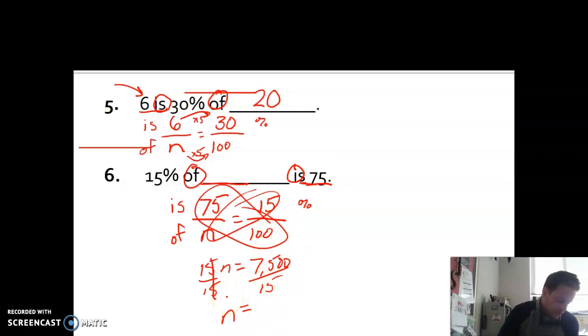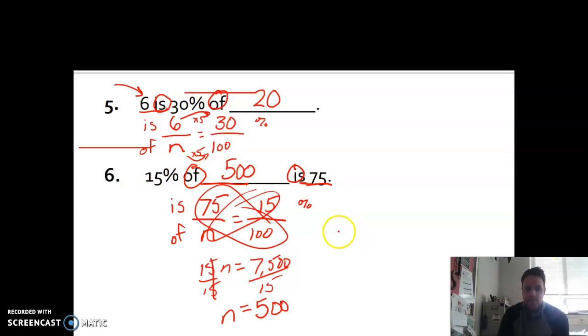Let's do it on our calculator. 7,500 divided by 15 equals 500. So 15% of 500, of this total, is 75. So 75 is 15% of 500. Okay?